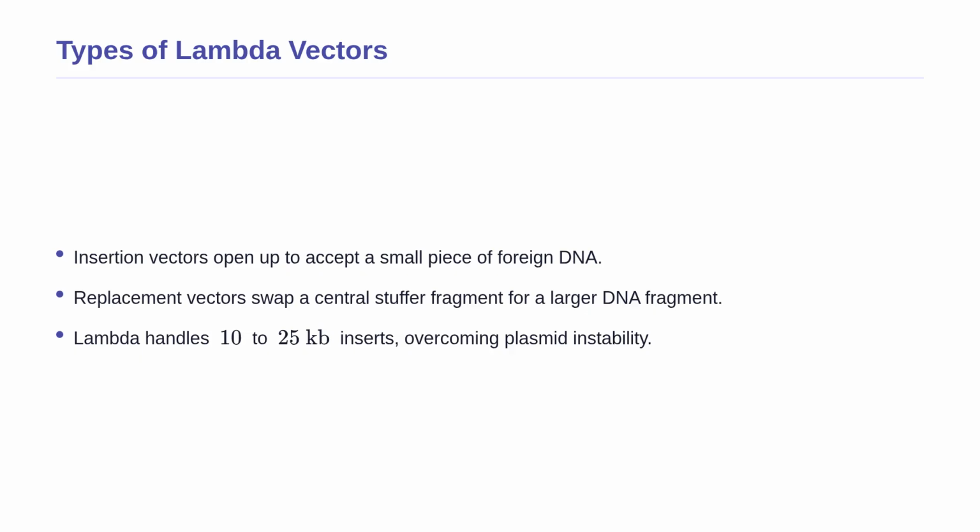Why use Lambda instead of standard plasmids? Plasmids become highly unstable when inserting DNA larger than 10 kilobases. Lambda naturally accommodates massive inserts between 10 and 25 kilobases, which is absolutely crucial for constructing large genomic libraries.